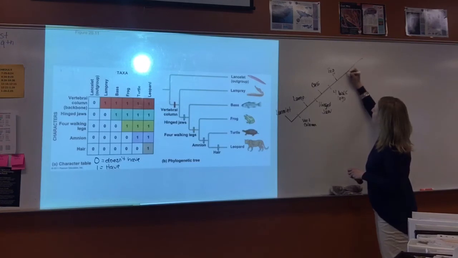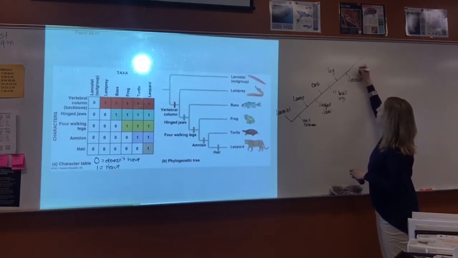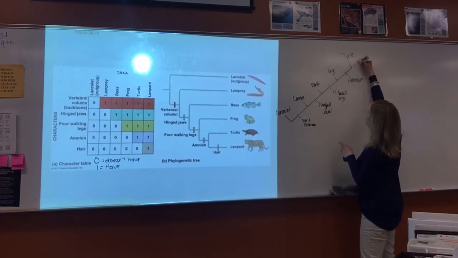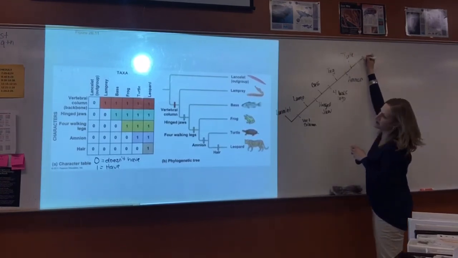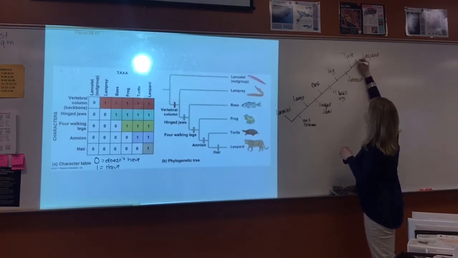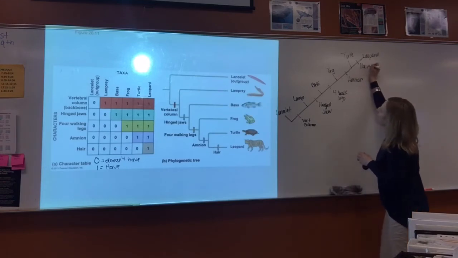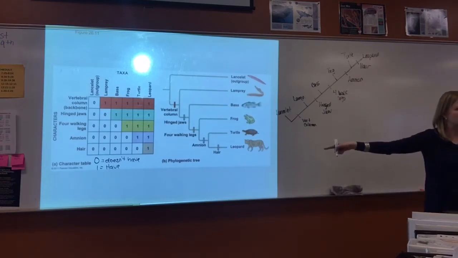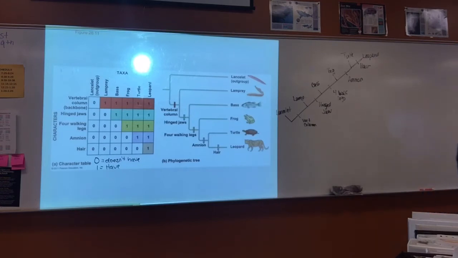I'm going to make this longer here, so we have the amnion, and then we would have the turtle coming off of here. And the very end would be the leopard, and what distinguishes that is the hair. So this tells us the same information as this tree. You see that? That's called a cladogram.